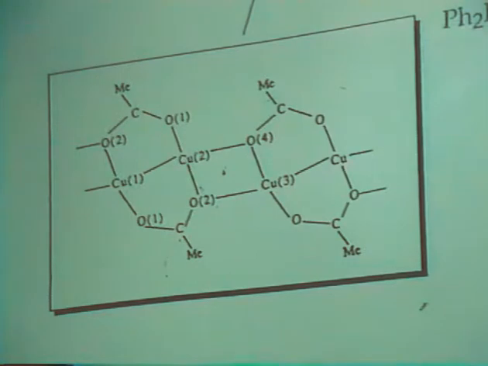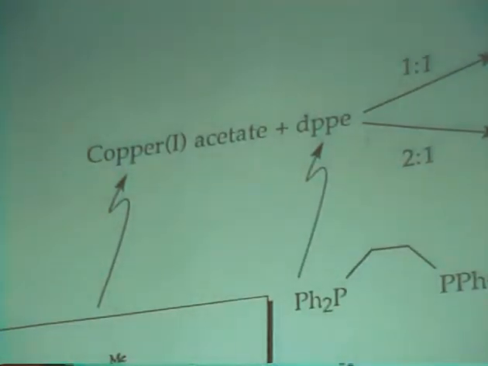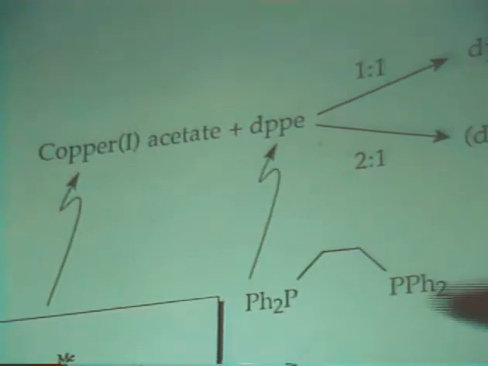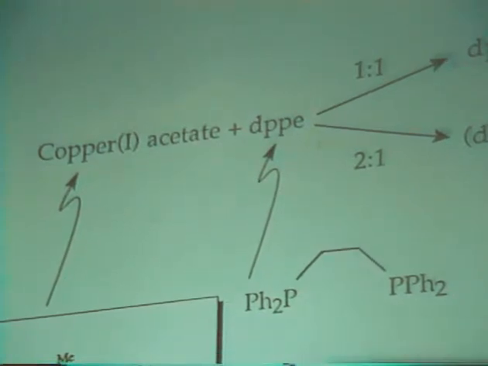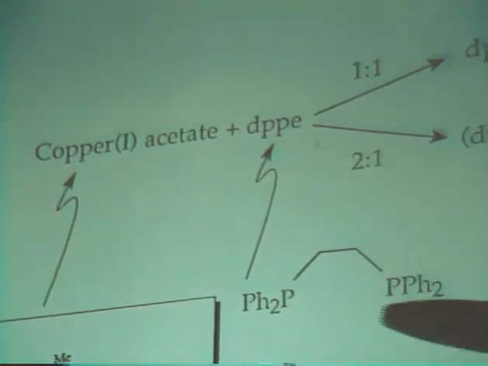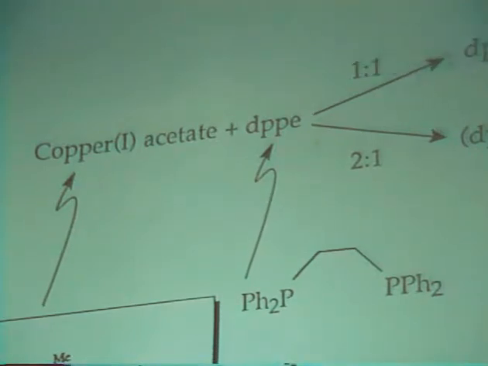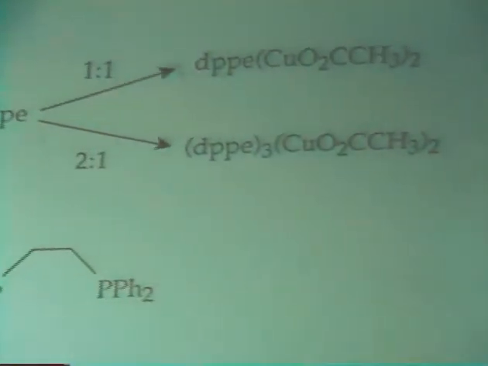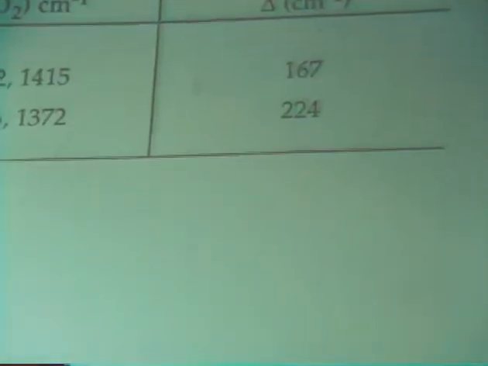If one reacts this molecule with one equivalent of DPPE, which is the bis-diphenylphosphinoethane, this chelating phosphine, if you react 1-to-1, you get one complex. If you react 2-to-1, you get another complex. And one can identify those complexes, tentatively, by infrared spectroscopy.